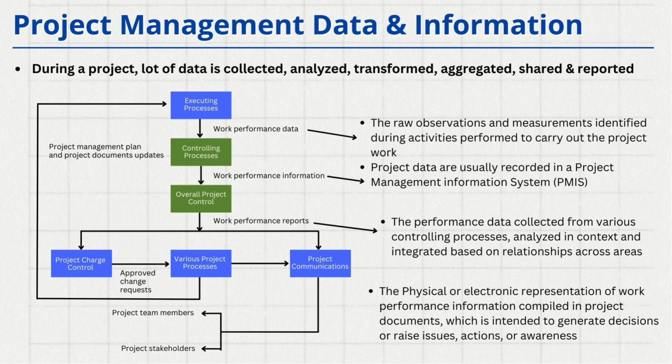Whenever a project change is introduced, it goes through project change control. Now, whatever change is incorporated at any point in the project, it is either approved or rejected. If the change is approved, it goes back to the execution process, and the same steps are followed. All this information is again shared with the team members and stakeholders.